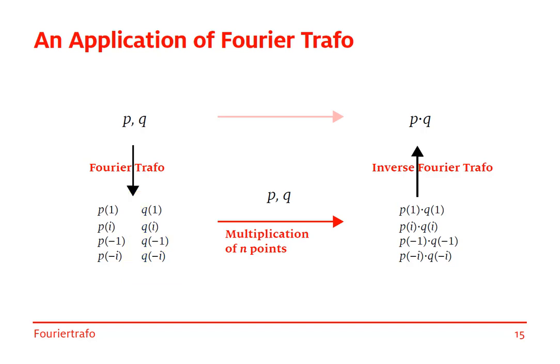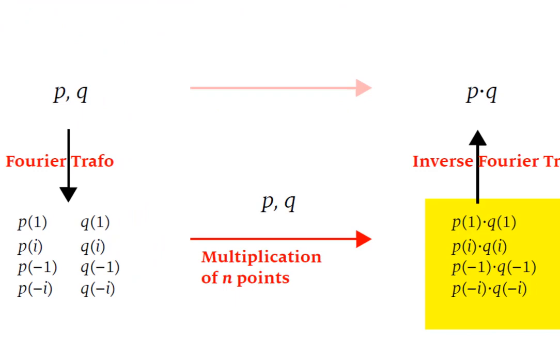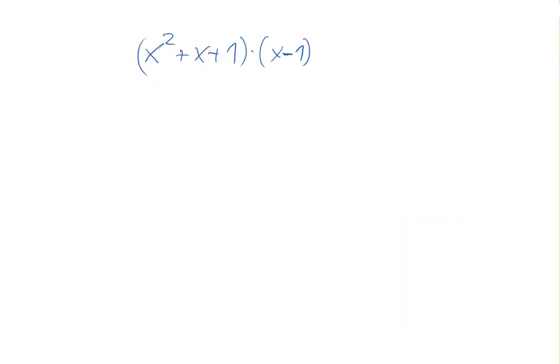Then we multiply the corresponding supporting points, p(1) times q(1), p(i) times q(i), and so on. This gives us the supporting points of the resulting polynomial, p times q. Then we transform it back using the inverse Fourier transformation and obtain the polynomial p times q.